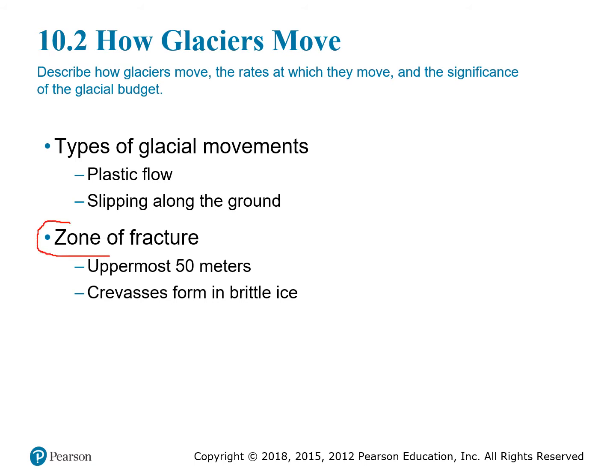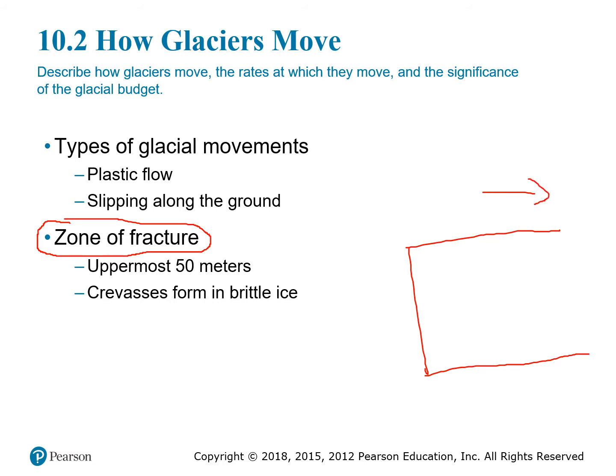So the upper 50 meters of a glacier. Let's say we have a glacier, this kind of looks like a glacier, and it's moving in this direction. The upper 50 meters behaves brittlely, meaning that the ice will fracture, and that creates really large gashes on the surface of the ice.